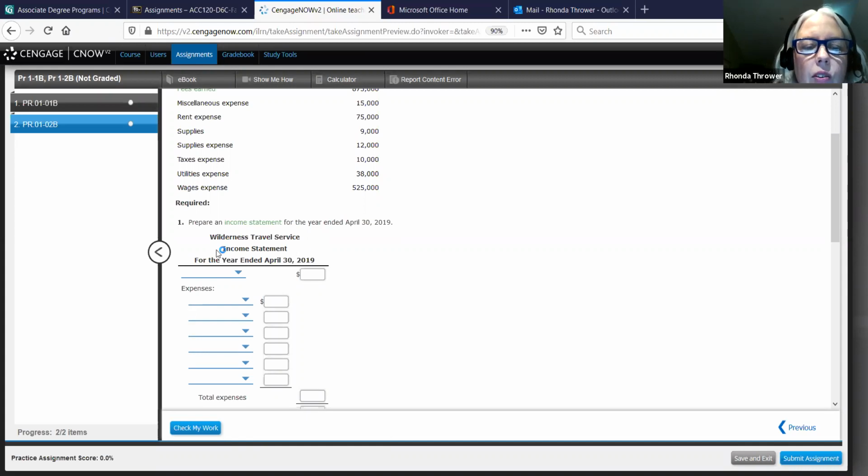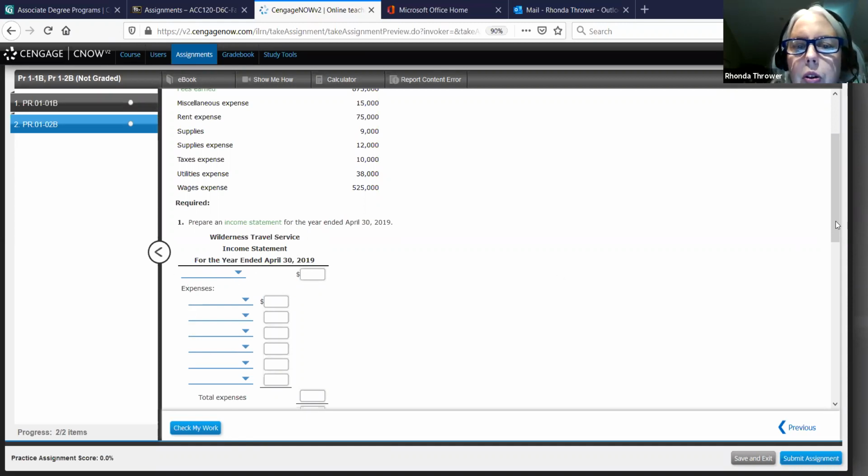The date line is very important for your financial statements. This date line tells me that it's for a period of time. What we're going to be doing is measuring all of the revenue that we have during this period of time, and we're going to offset that revenue with the expenses that we've incurred all throughout this time period. When you start an income statement, you will start with the revenue accounts.